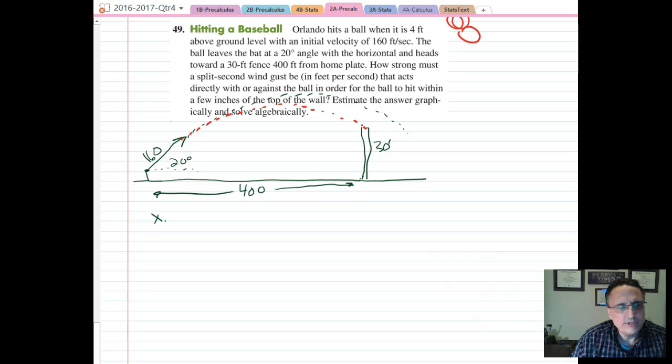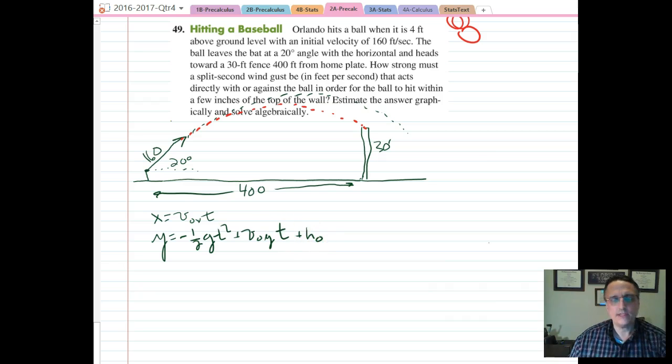The parametric equations are x is equal to v0x times t, and y equals... let's scratch that, a little bit ahead of myself here. y is going to be negative 1/2 g t squared plus initial velocity in the y direction times t plus h0.